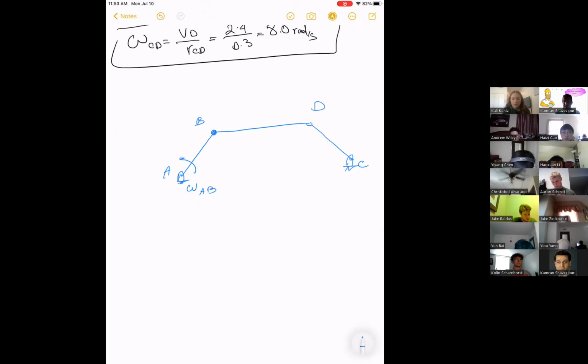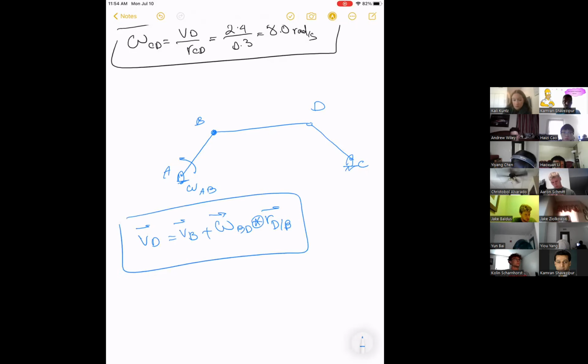What could I do if I want to go with vector analysis? I'm going to go VD equals VB plus omega BD cross R_D/B. You can get this equation, solve it to find velocity of D, right?